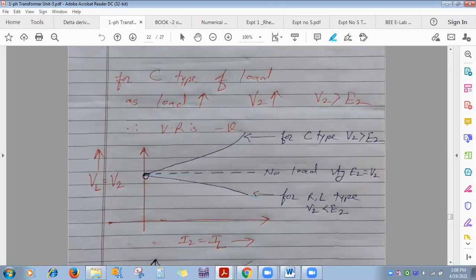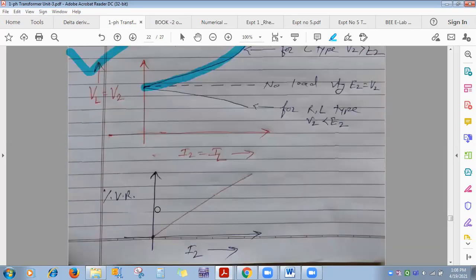When you switch on only capacitive type of load across the transformer and go on increasing load, V2 becomes more than E2, and that's why voltage regulation is negative. In the graphical format, V2 versus I2 and voltage regulation. Just now we have seen for R and L type of load, voltage regulation goes on increasing. So this is about the voltage regulation.